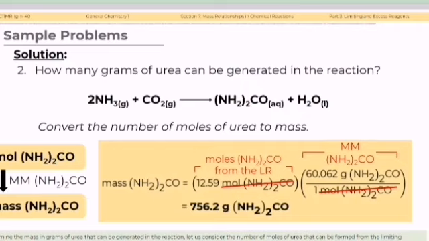The value is then multiplied by the molar mass of urea to give the answer. Plugging in the values, mass of urea equals 12.59 moles of urea times 60.062 grams per mole. Simplifying this equation gives us a value of 756.2 grams of urea.